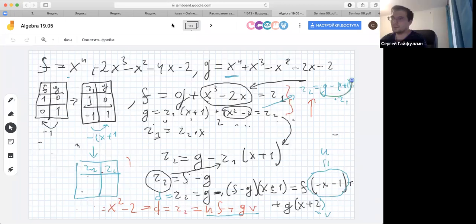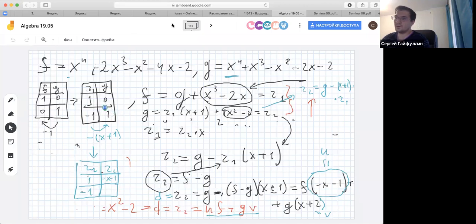So we need to use coefficient minus x plus 1. Okay, just do it. We have 1 and -1 here. And here would be minus x plus 1. We multiply by -1. We have x plus 1 and plus this one.